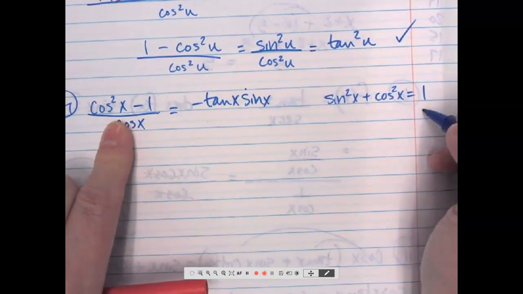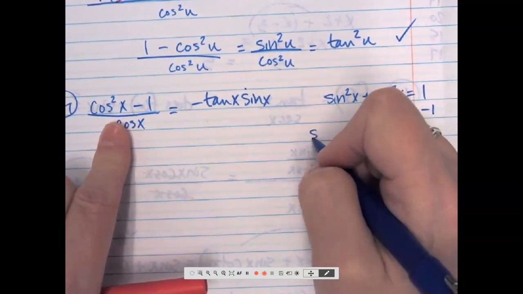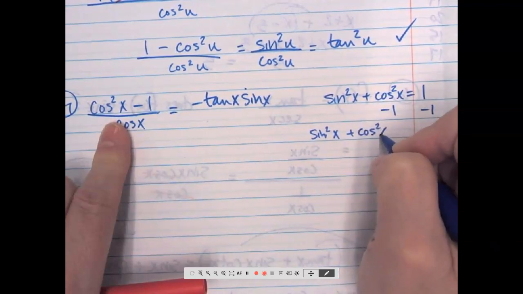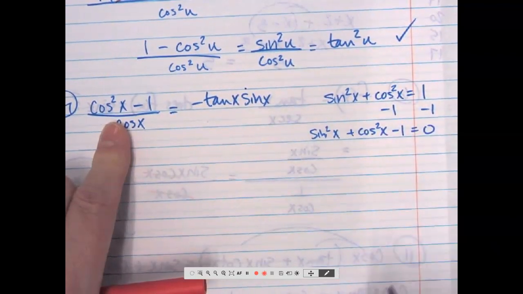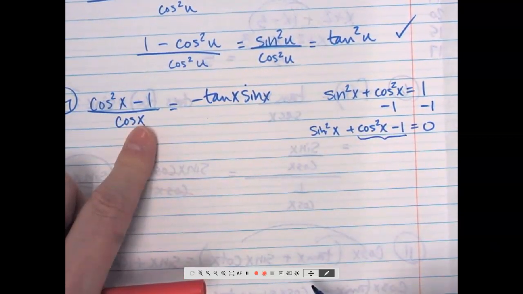So if I subtract 1 from both sides over here, I have sine squared plus cosine squared minus 1 is 0. I just want these to be alone.